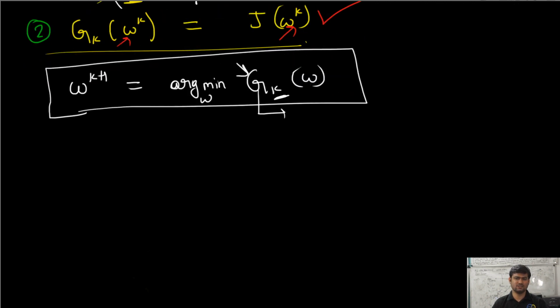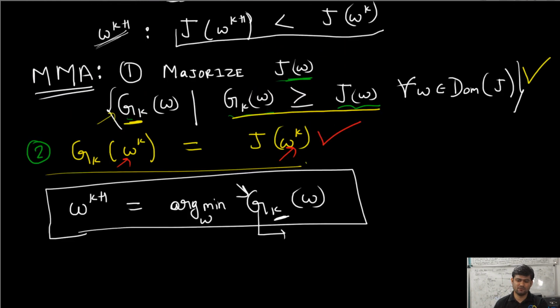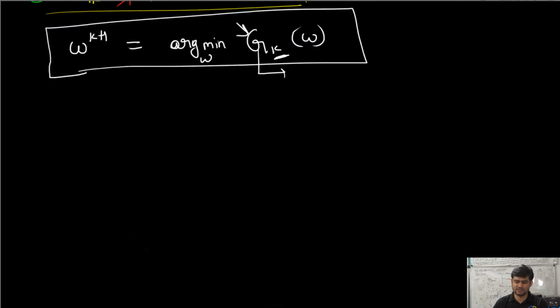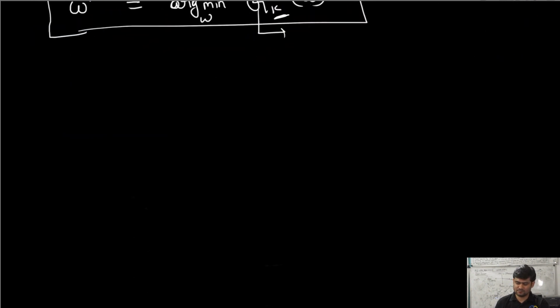So now the question is, what is this function g that we should select? Apart from g satisfying these two constraints, g should also have the following property, or you can say it should have only one property: gk should be a function that we can easily minimize.